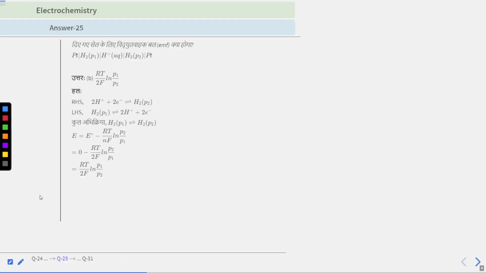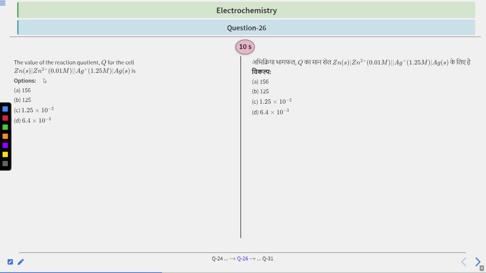Okay, let's move to the next question. Question number 26. The value of reaction quotient Q for the cell zinc 2 positive at 0.01 molar concentration, salt bridge, Ag positive 1.25 molar concentration, Ag is.